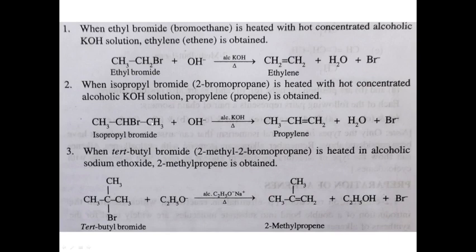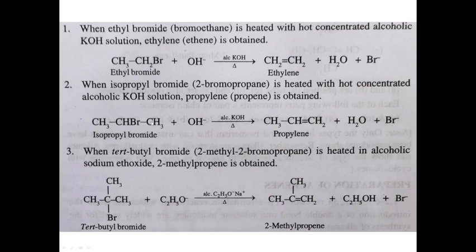This is beta elimination or dehydrohalogenation, and we get propylene. Take another example, tertiary butyl bromide, reacting with ethoxide and heating. One halogen from here and one hydrogen from here is eliminated, and we get (CH3)2C=CH2, 2-methylpropene.